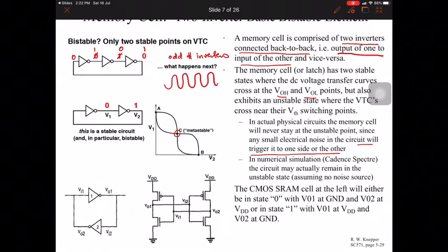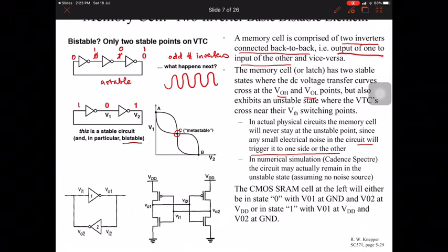But if you have an even number of inverters, so for example, this is 1, 0, 1, 1, this one goes back into the input and it repeats itself. So this is known as the bistable circuit. This other one is an astable or unstable circuit.